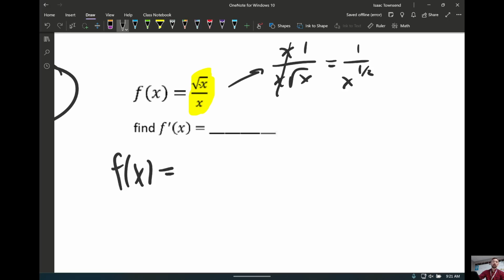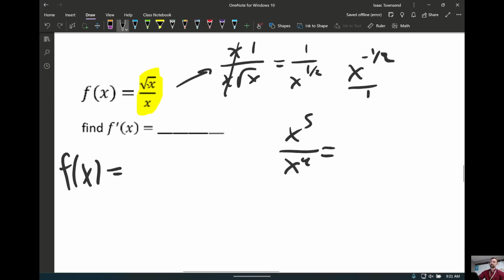So x to the 1/2 in the denominator is the same thing as x to the what in the numerator? The negative 1/2. Just change the signs. So you can do that. Or, let me ask a simpler question. What is x to the 5th divided by x to the 4th? Okay, and the reason why it's x is because when you divide things with the same base, it's like you subtract the exponents. 5 minus 4 gives you 1.